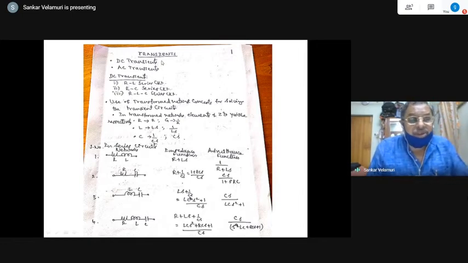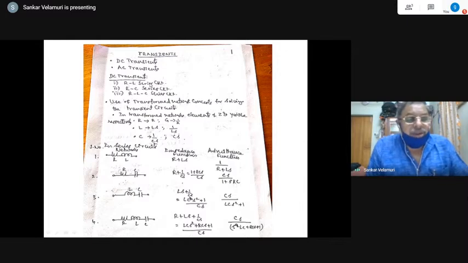Otherwise, DC transients is one of the confusing subjects. It's not a tough topic, but a lot of simple points are there which you have to understand carefully. If you are thorough with the fundamentals, the subject will be very easy. But sometimes it is confusing with respect to charging and discharging of the capacitor voltages or inductance voltages, and how they are represented.